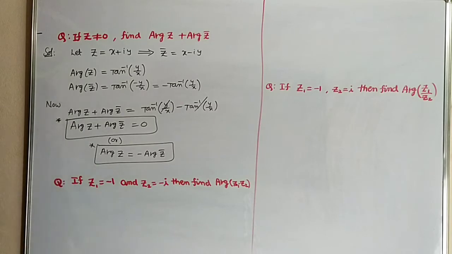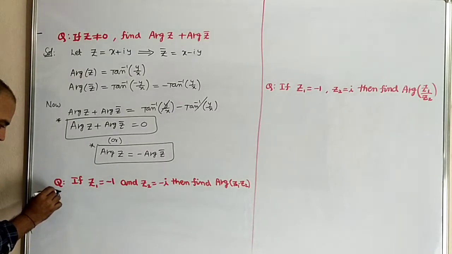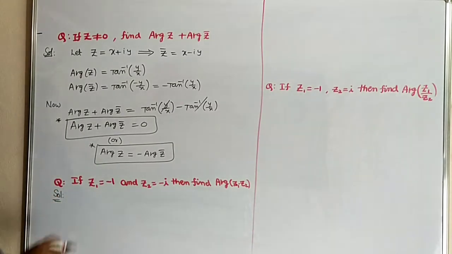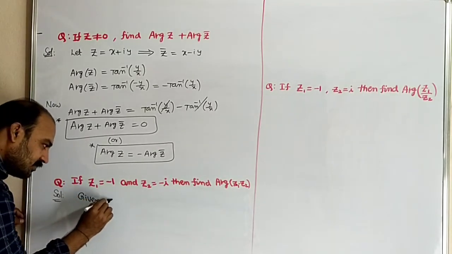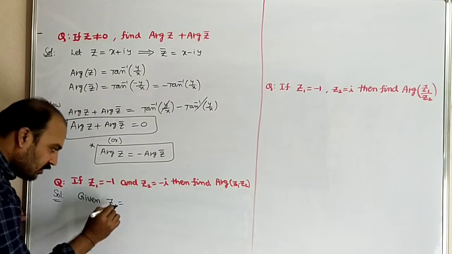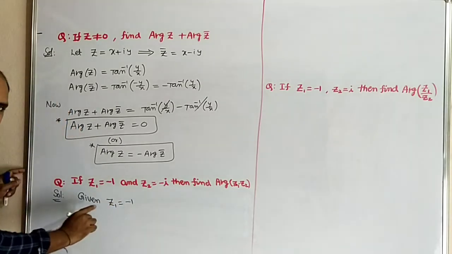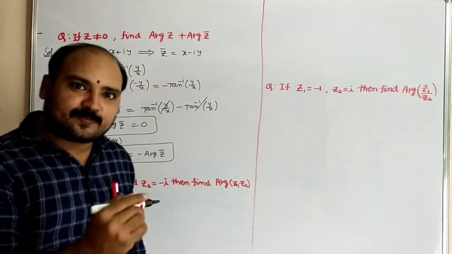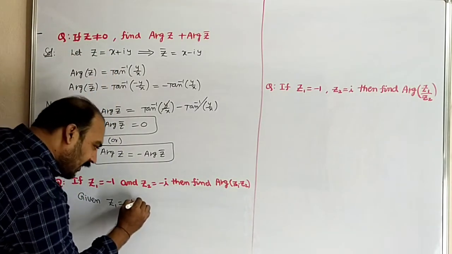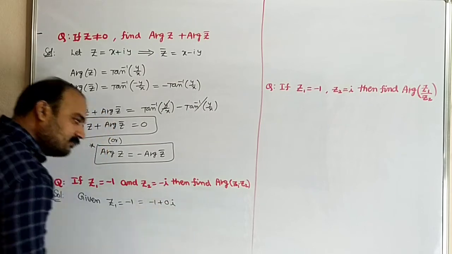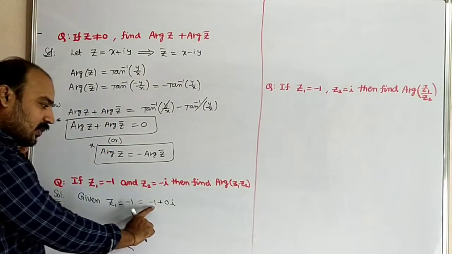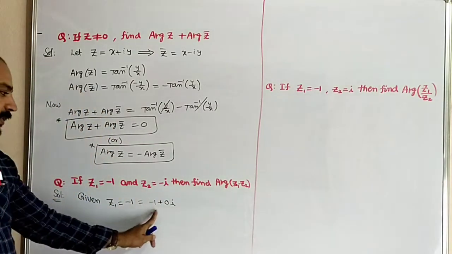Now come to the next question. Given z1 is equal to minus 1. Minus 1 we have to write in the form of x plus iy, so we can write minus 1 plus 0 into i. We have to express it in terms of cos theta plus i sin theta.